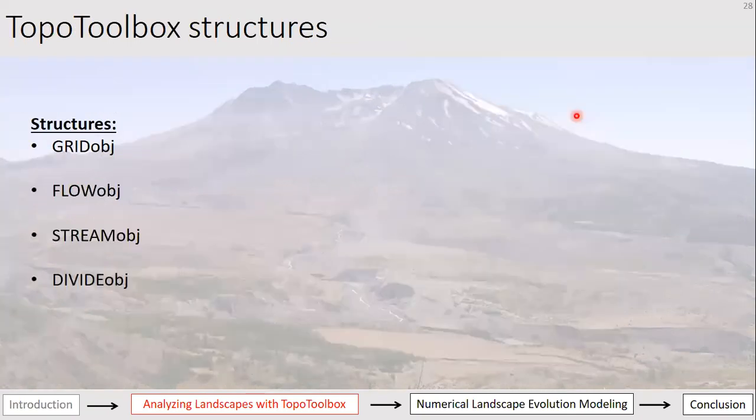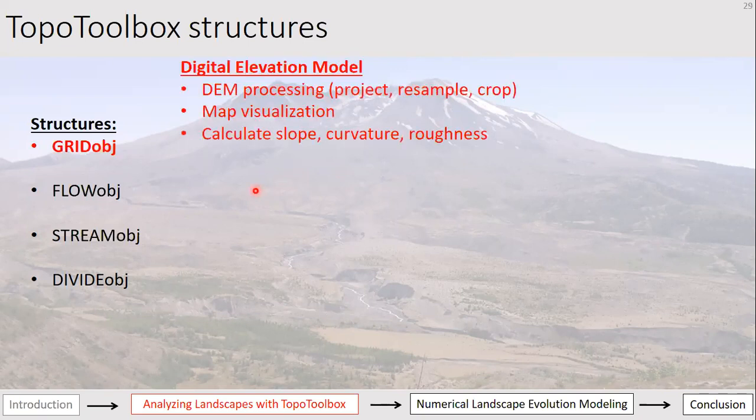So to dig into how TopoToolbox works, TopoToolbox analyzes the landscape through a series of structures or objects. These include, for example, the grid object, which basically stores the DEM and allows for a variety of DEM processing, such as reprojecting the DEM, resampling the DEM, or cropping the DEM.